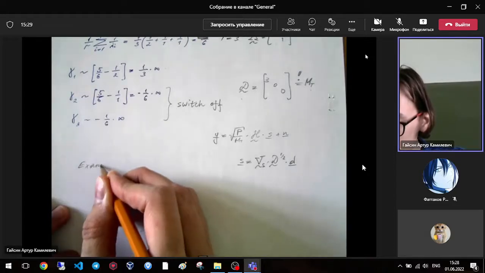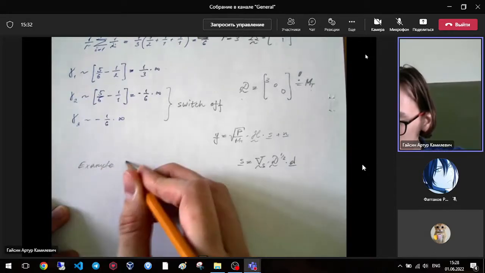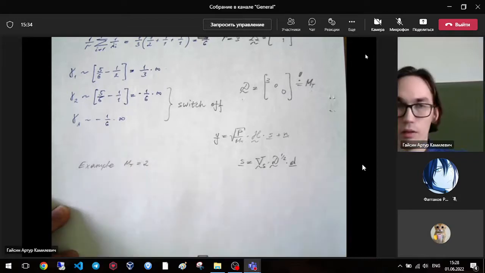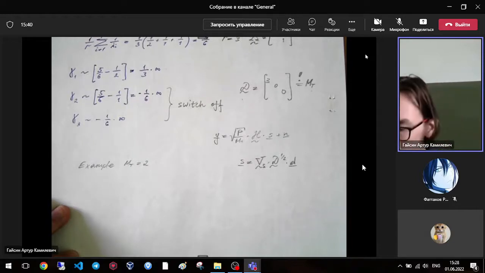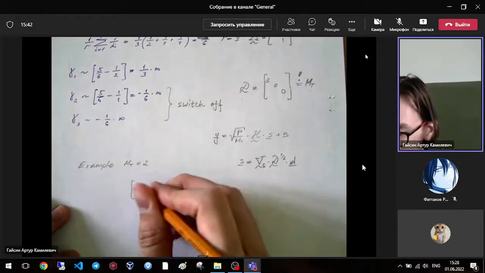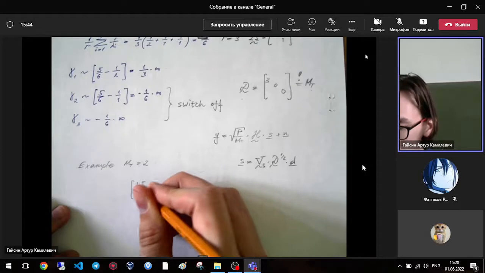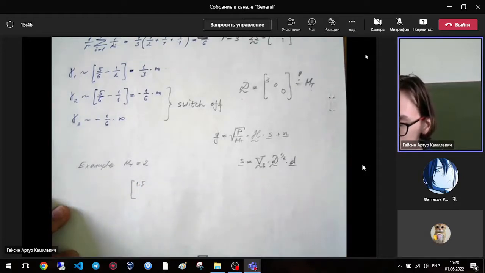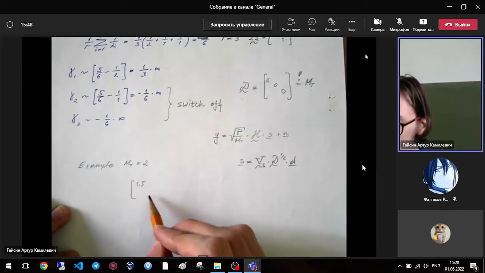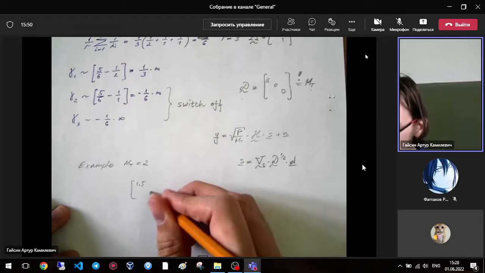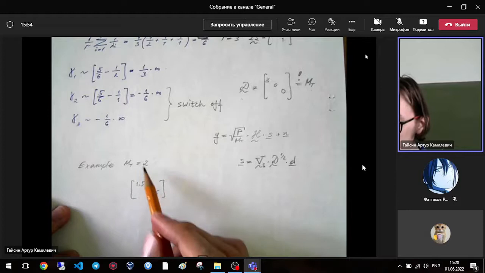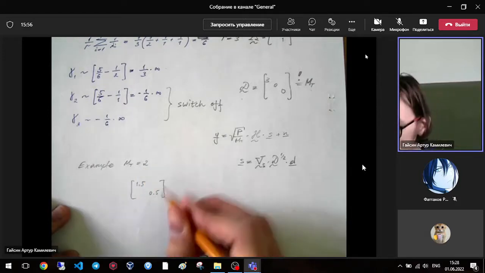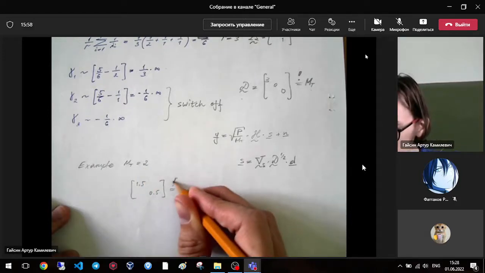We have a number of transmit antennas equal to 2. Both channels are good, but the first one is better. For the first one, this power allocation scheme gives 1.5. So the second one should be equal to 0.5, because the sum of these values should be equal to 2, the number of transmit antennas.